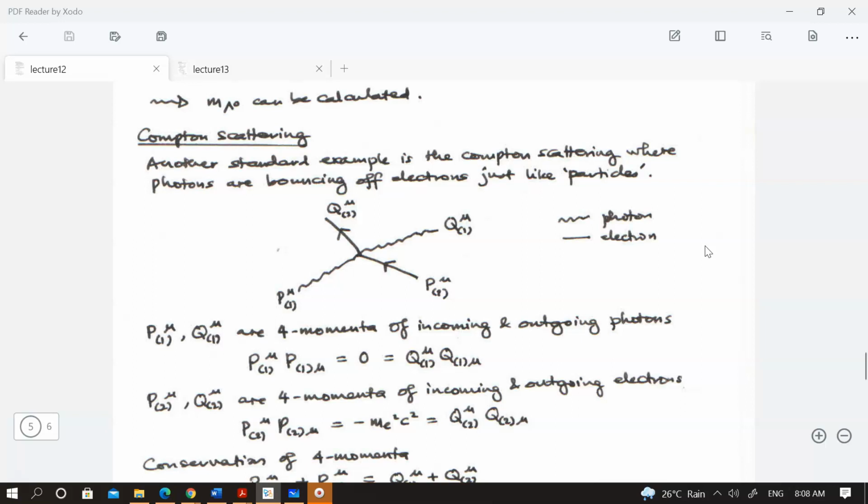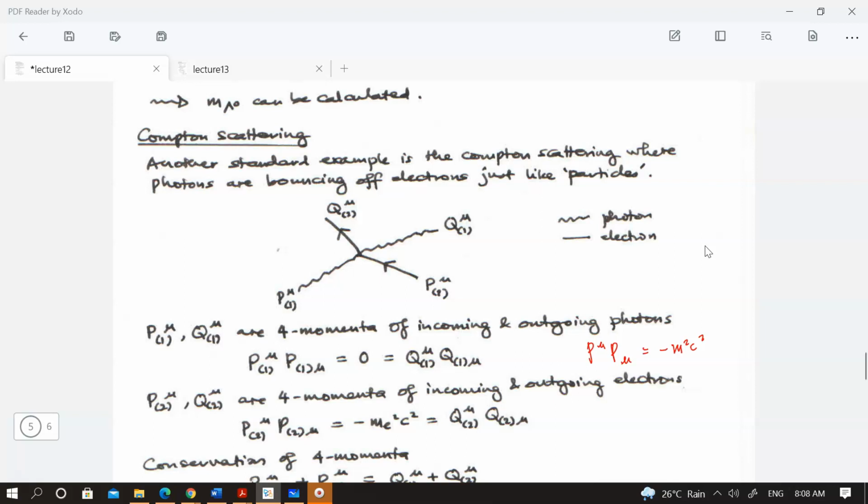The other thing we mentioned previously is that for the photons, the four-momentum is going to be a null vector. So when you contract this four-momentum with its covariant part, you get 0, whereas in general the four-momentum gives you minus m squared c squared, where m is the rest mass.